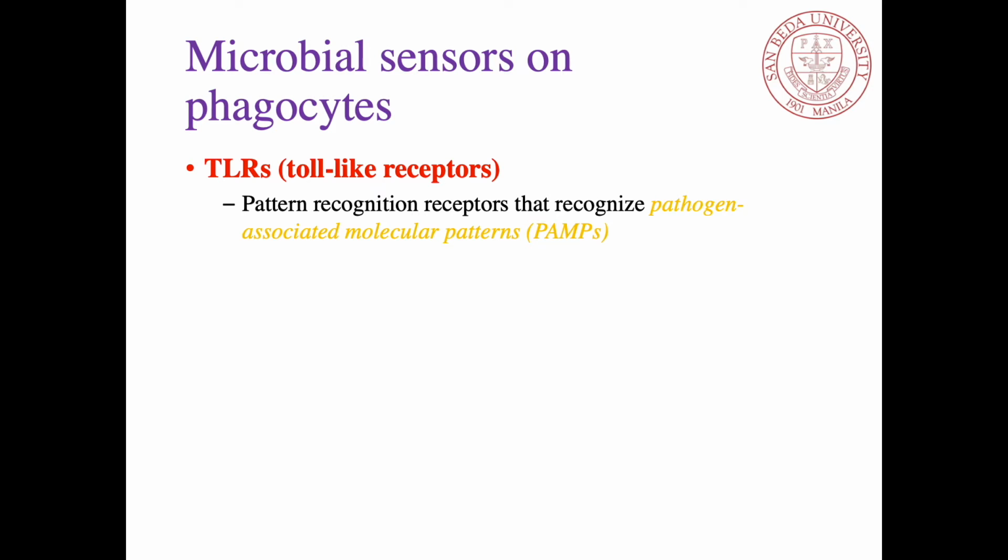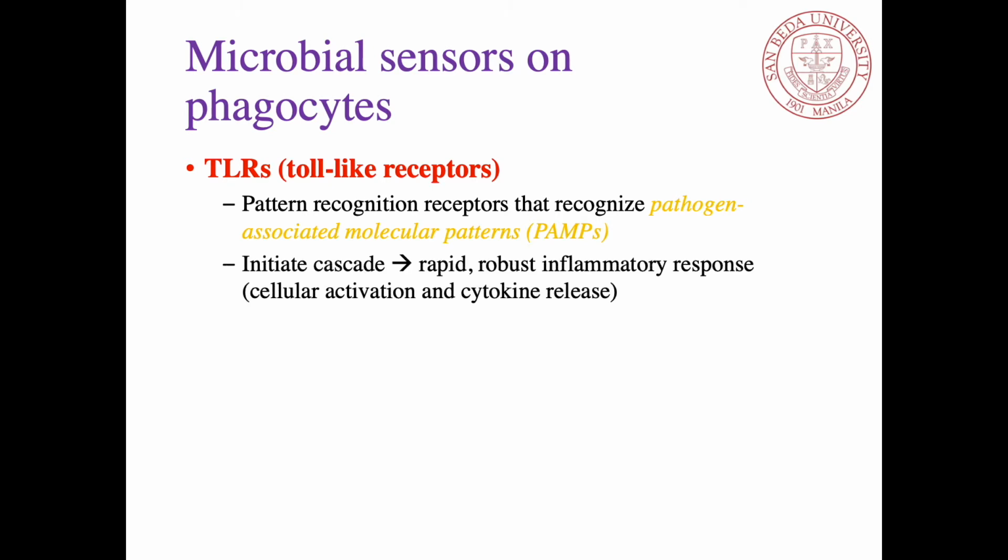These sensors on phagocytes recognize certain patterns on the pathogens, and we call these patterns PAMPs, or pathogen-associated molecular patterns. Basically, the macrophages have the TLRs and the pathogens have the PAMPs, and these PAMPs get recognized by the TLRs. Once this happens, there will be an initial cascade of rapid, robust inflammatory response, and this is due to cellular activation and cytokine release.